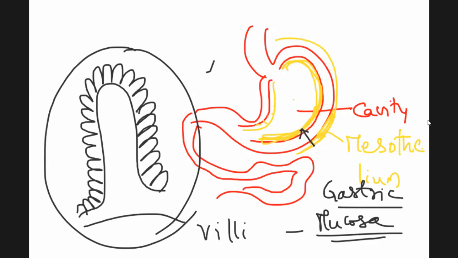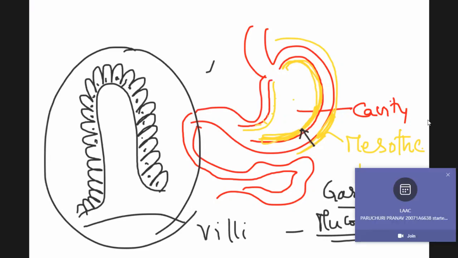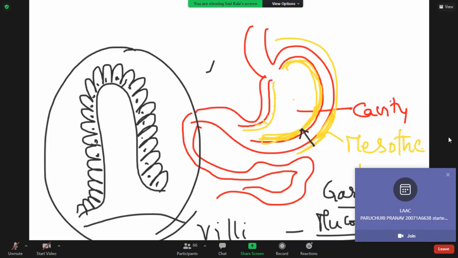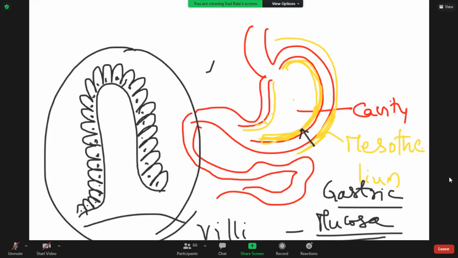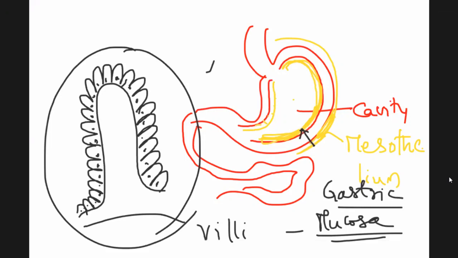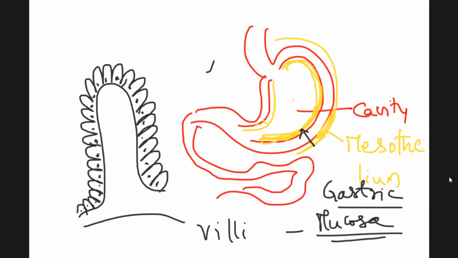Villus is singular. Now, this is columnar epithelium. The folds of mucosa contain simple columnar epithelium, and the free surface has a brush border of microvilli.